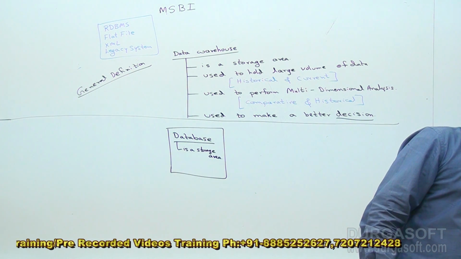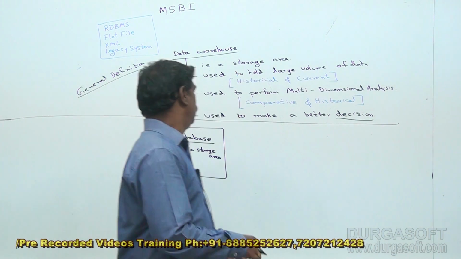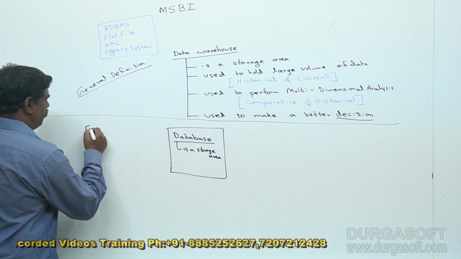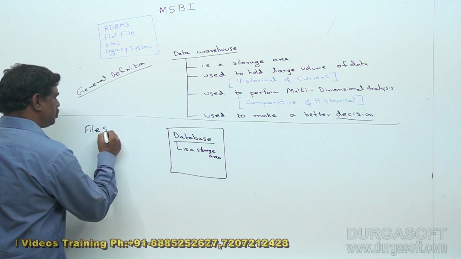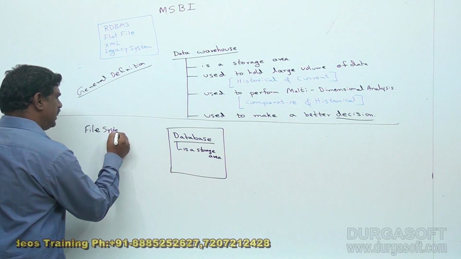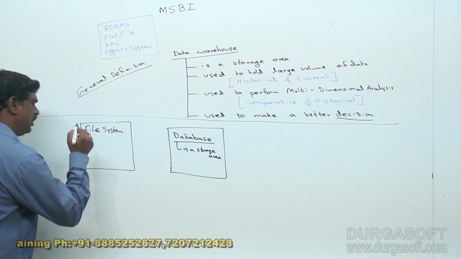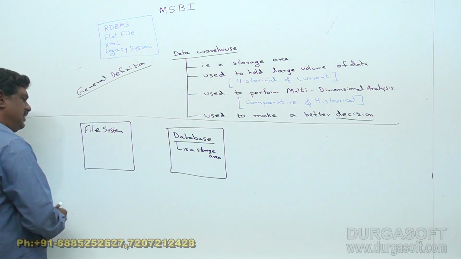What were the other things? For example, you have something called a file system. Before the database started in the industry, you already had a file system to store data.